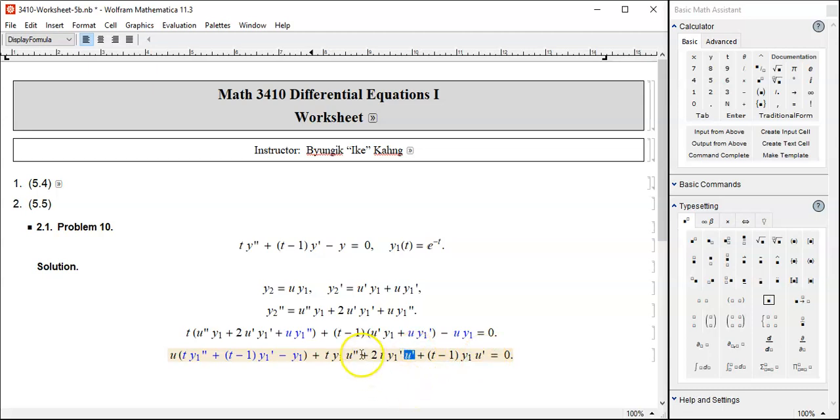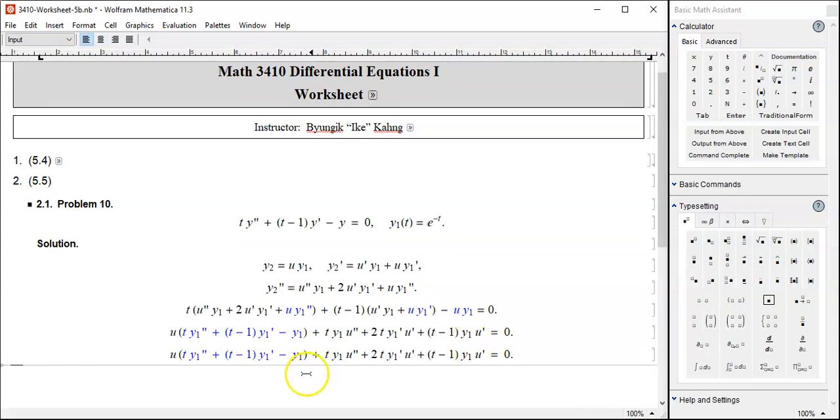U primes in there. So let's rewrite this thing a little bit. Let's copy and paste. This is 0, isn't it? That was the design. y1 satisfies this equation, so this one is 0, so this entire part drops out.